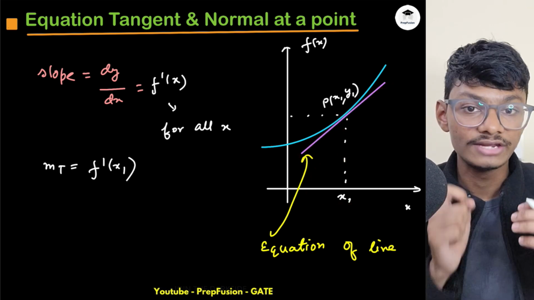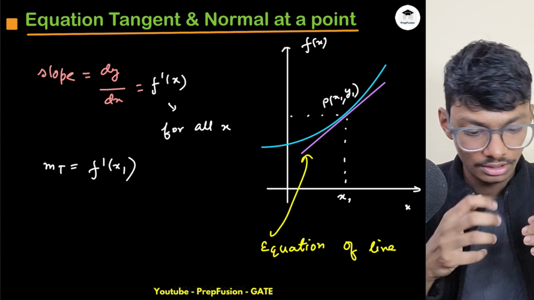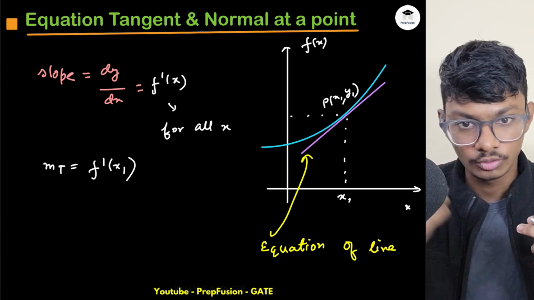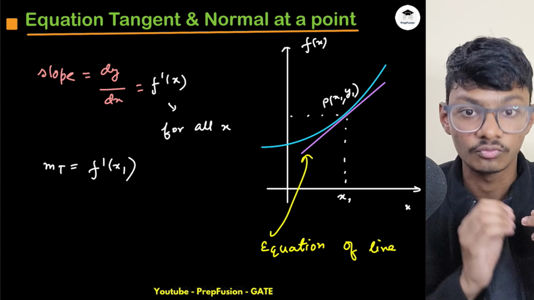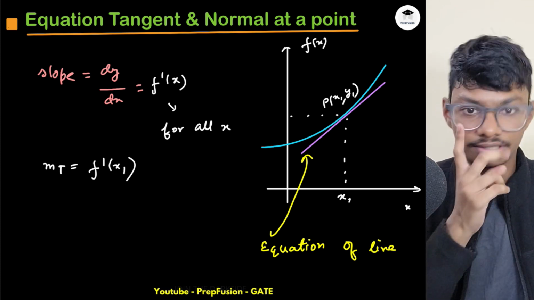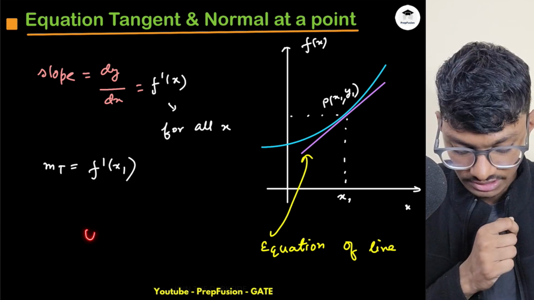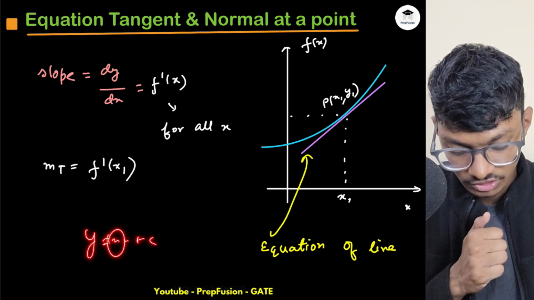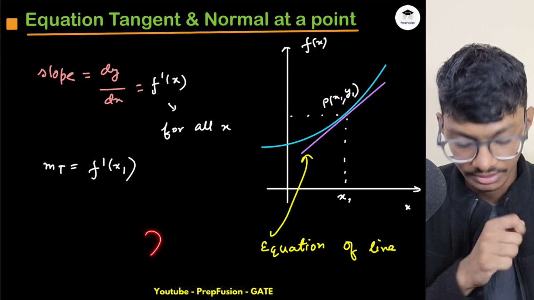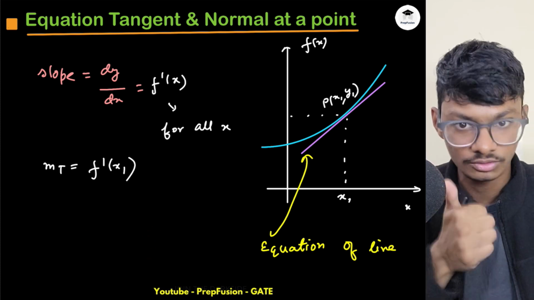Okay, so what information do I need to get the equation of a line? I need 2 pieces of information, because a line is y equals mx plus c. I will need the slope and I will need this constant term, right? So I have to get 2 equations to solve the 2 unknowns.